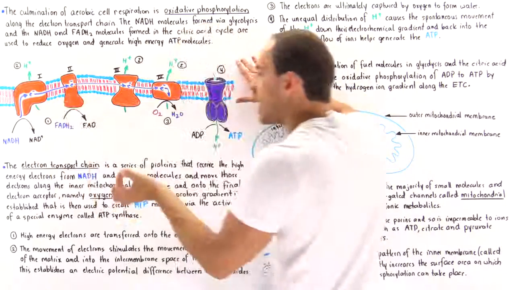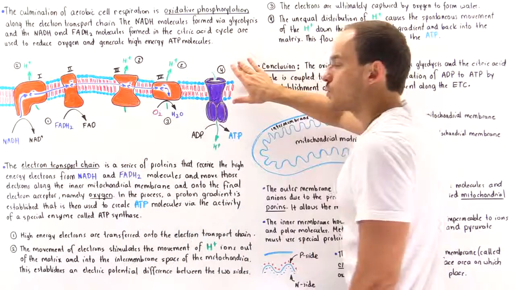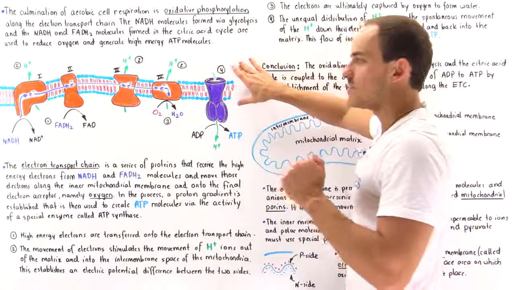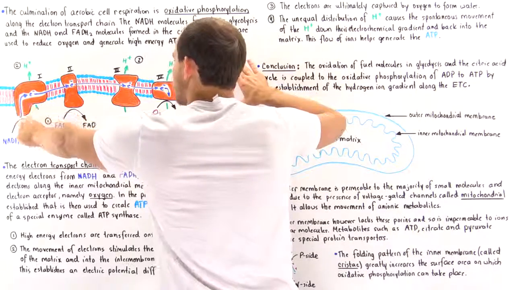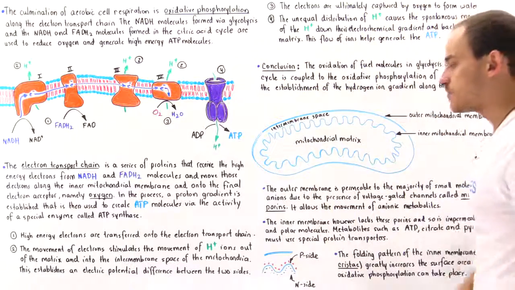In 1, those high energy electrons are extracted from these high energy electron carrier molecules synthesized in the citric acid cycle and glycolysis. And once these electrons are extracted, they move along the proteins, the enzymes of the electron transport chain.